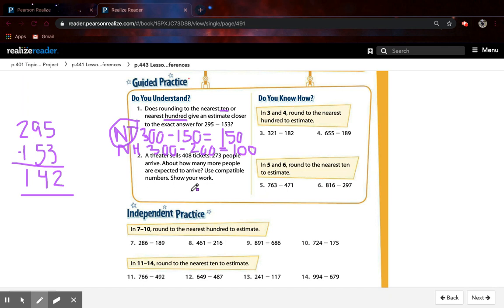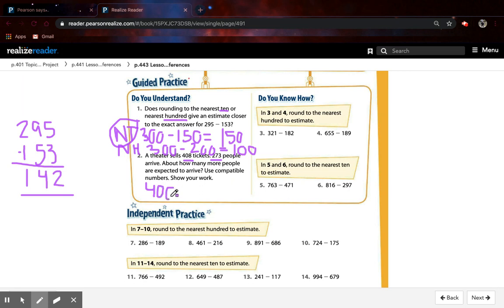Number 2 says, a theater sells 408 tickets. 273 people arrive. About how many more people are expected to arrive? Use compatible numbers, show your work. So I think that 408, a good compatible number for that would be 400.